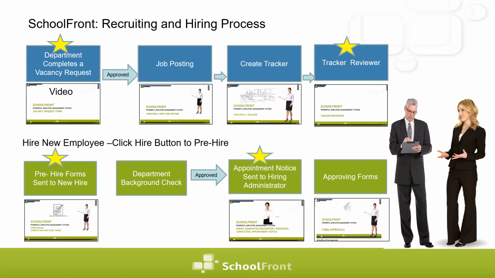So what will happen is the application will be sent to you. And if you like a particular person, you will respond back with an email within the tracker for Carolyn to send that person information to apply via RecruitFront. Okay, we'll go into that in detail. I have slides on that, so don't worry. So the two items that you need to know for your department are the vacancy request, and then you'll receive an email.